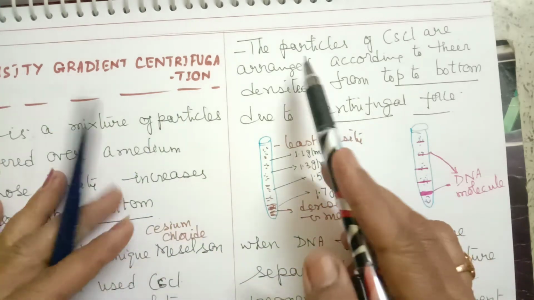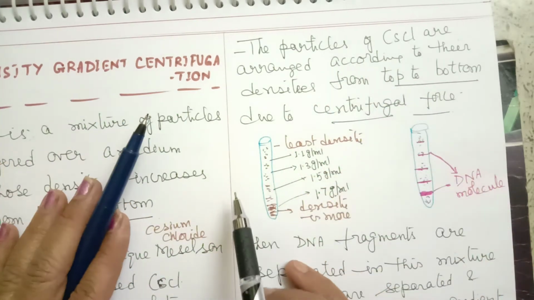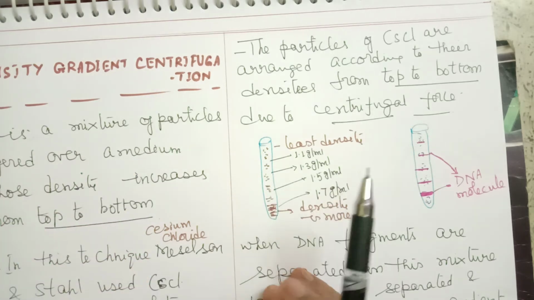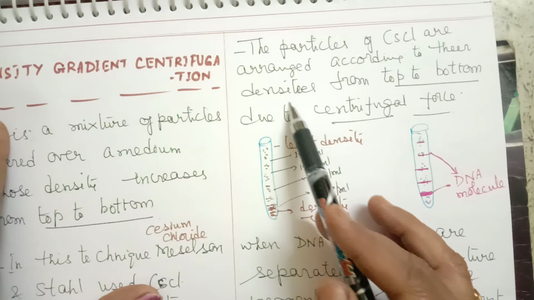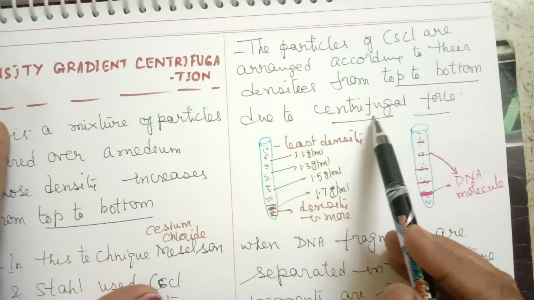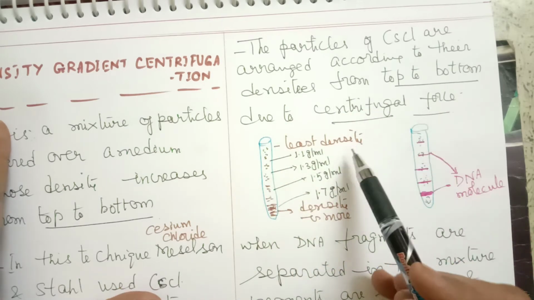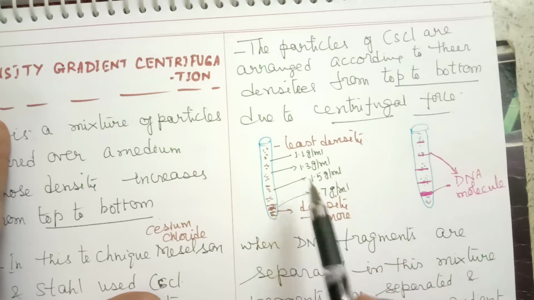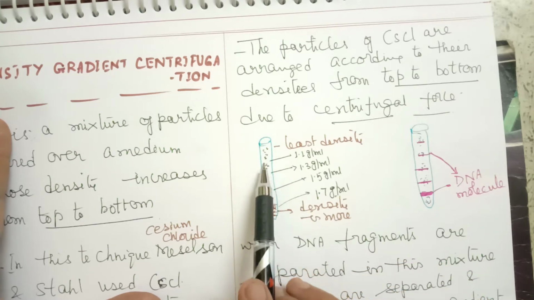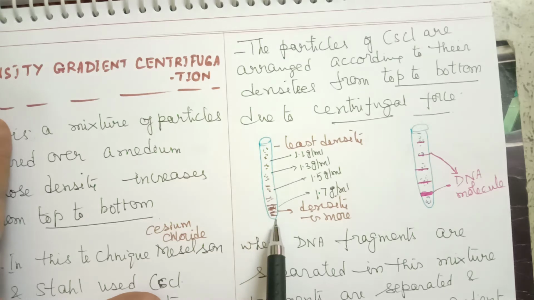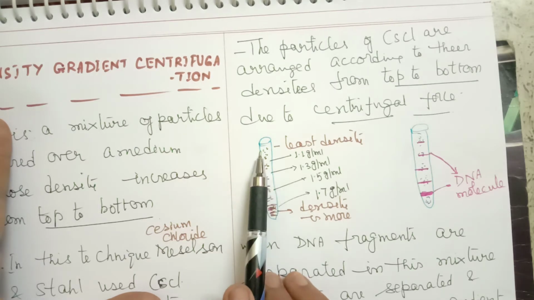The same thing happens when cesium chloride is taken and subjected to centrifugation. The particles of cesium chloride, due to centrifugal force, form a gradient. Gradient means they get arranged due to difference in their densities. The denser will be at the bottom, gradually less towards the top of the container.